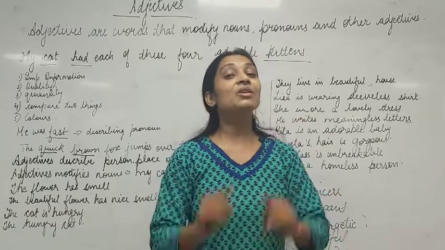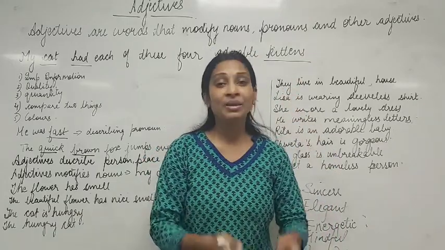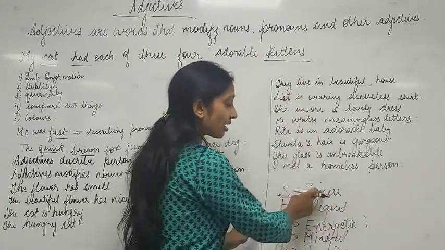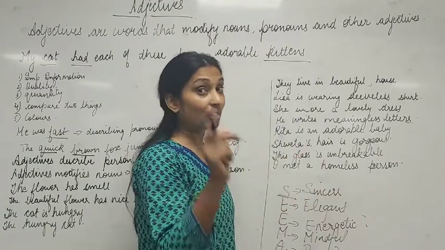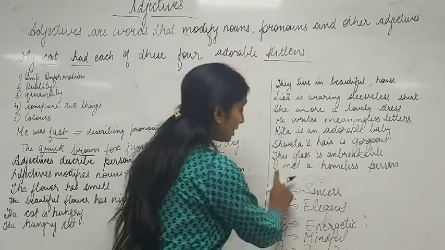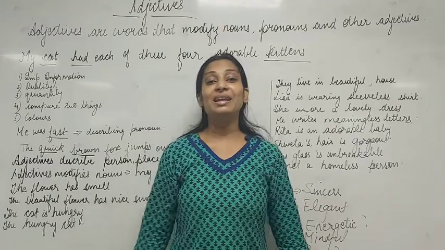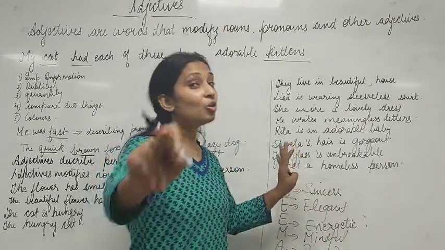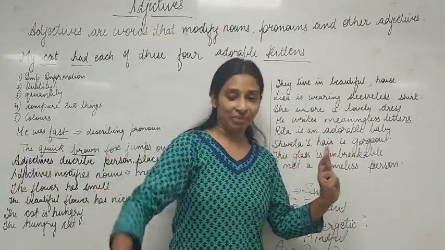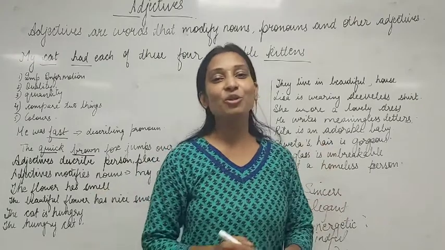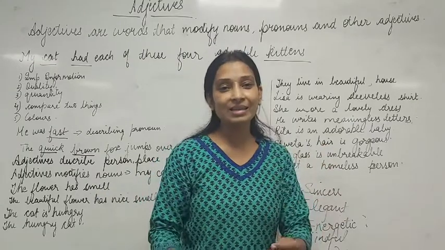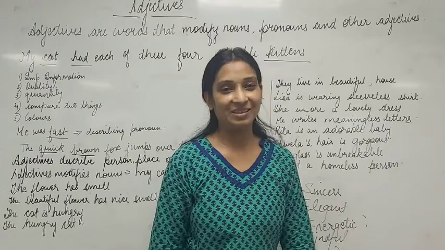What are you doing, children? You are writing your name here and then you are going to describe yourself with a word beginning from each letter of your name. The way I have done, you are going to do it with your name. So you are going to pause your video for a few seconds and go ahead with this activity.